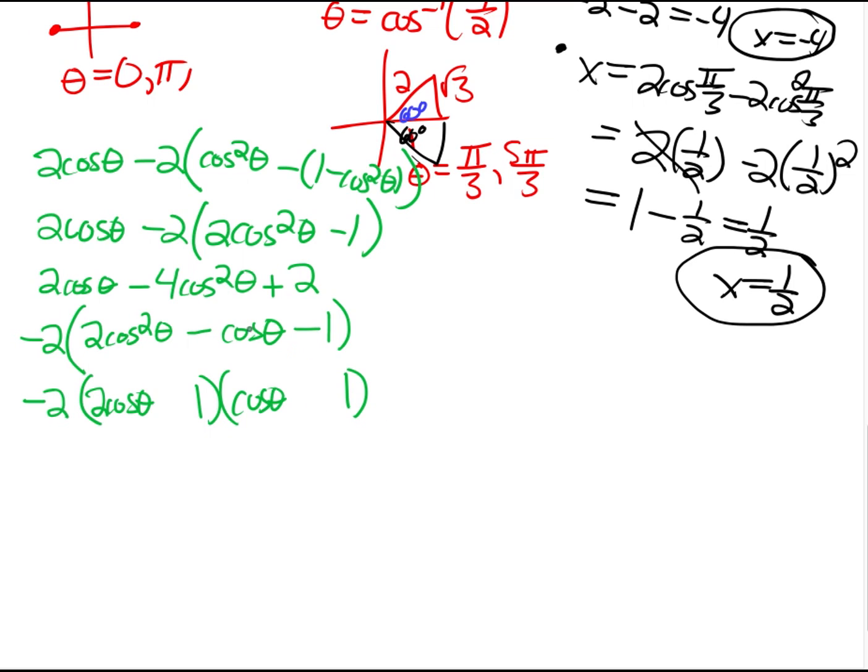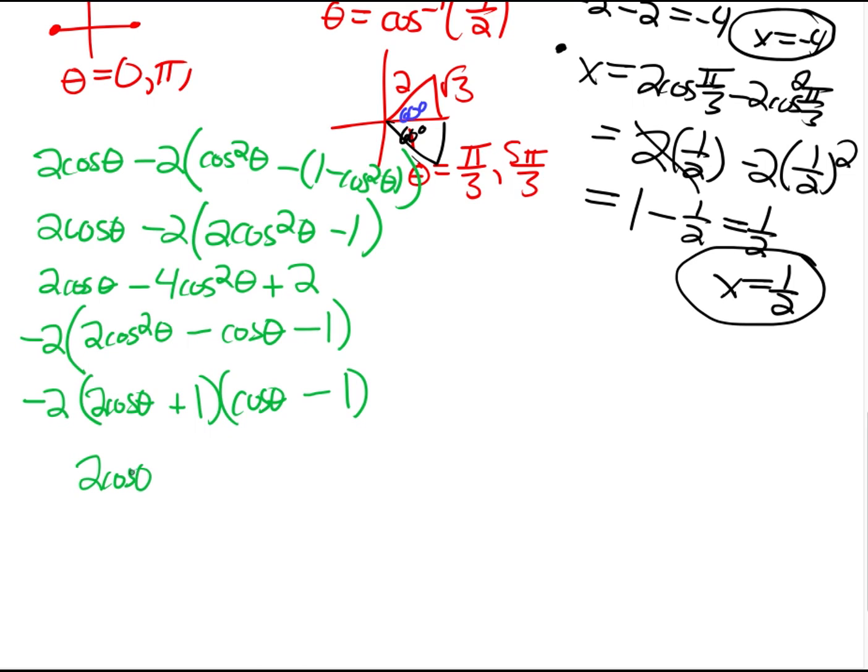Well, we want negative cosine here, so we want it like this or like this. I think it's going to be like that. Let's double check. If we think about expanding this back out, it would be 2 cosine squared, check. We'd have negative 2 cosine and positive 1 cosine is negative 1 cosine, great. And then 1 times negative 1 is negative 1. Awesome. So now I've got it factored, and I can check where it's 0.